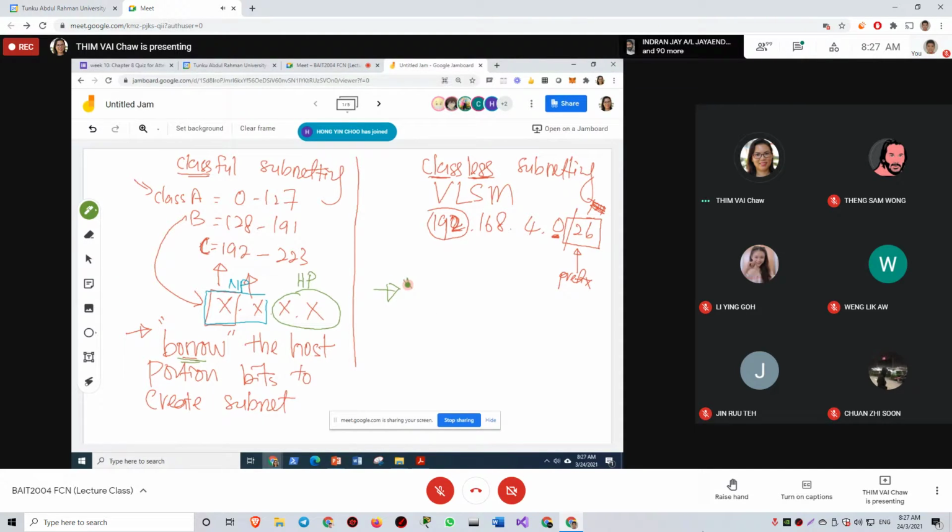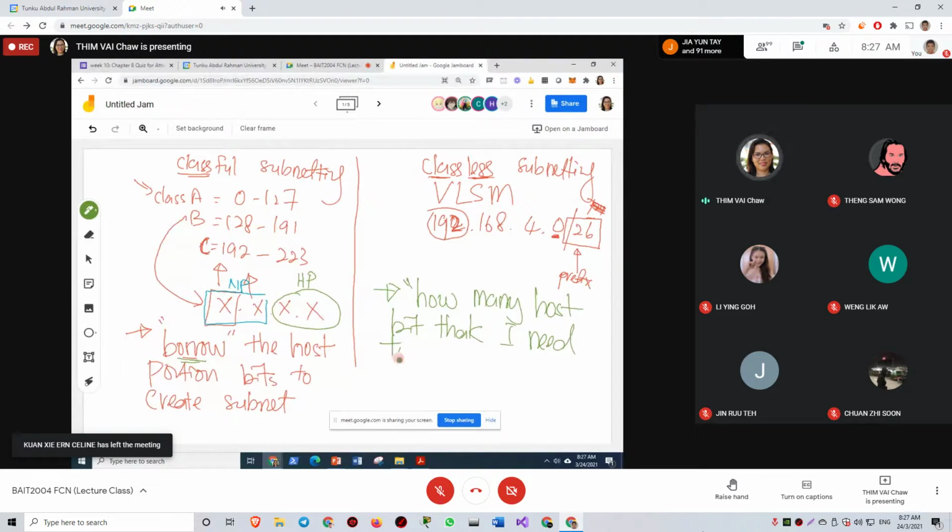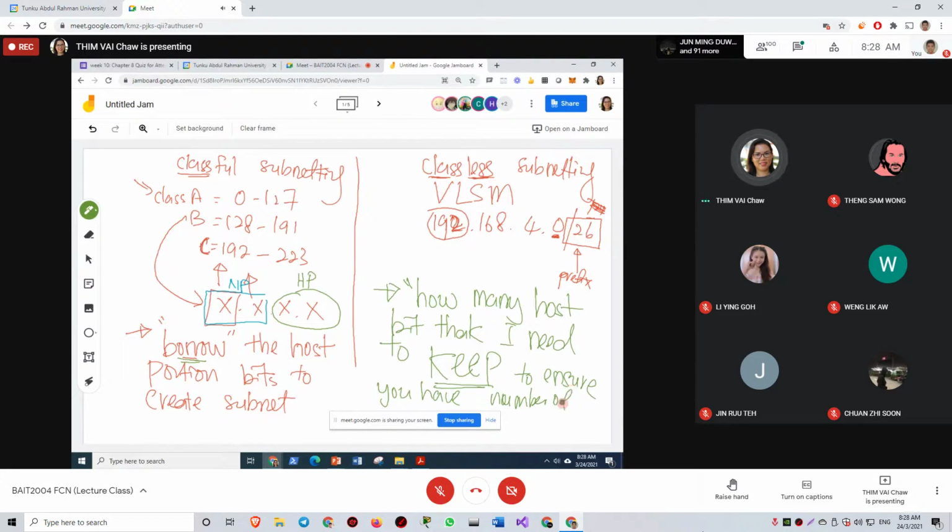You need to think: how many host bits do I need to keep, to ensure you have the required number of host addresses?